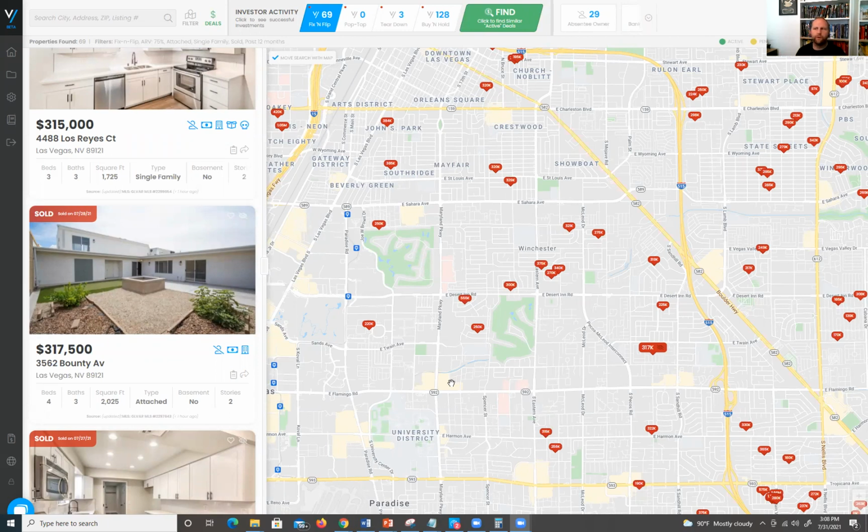What can you sell it for? Because if you know how much you can sell it for, then you know what price you can pay to get a good deal, right? Or you know what your spread is. That's how you make a profit when you're wholesaling and fix and flipping. You find a deal at a discount and then you resell it for a profit.